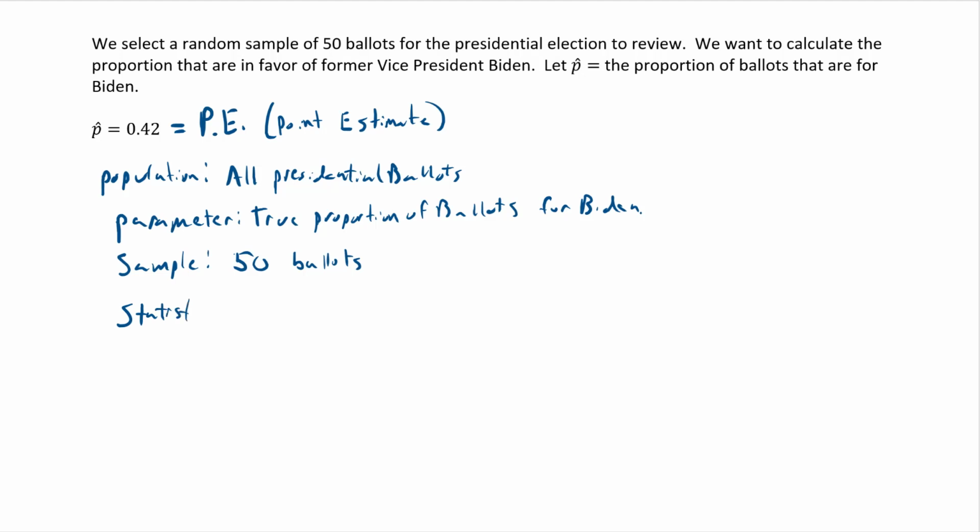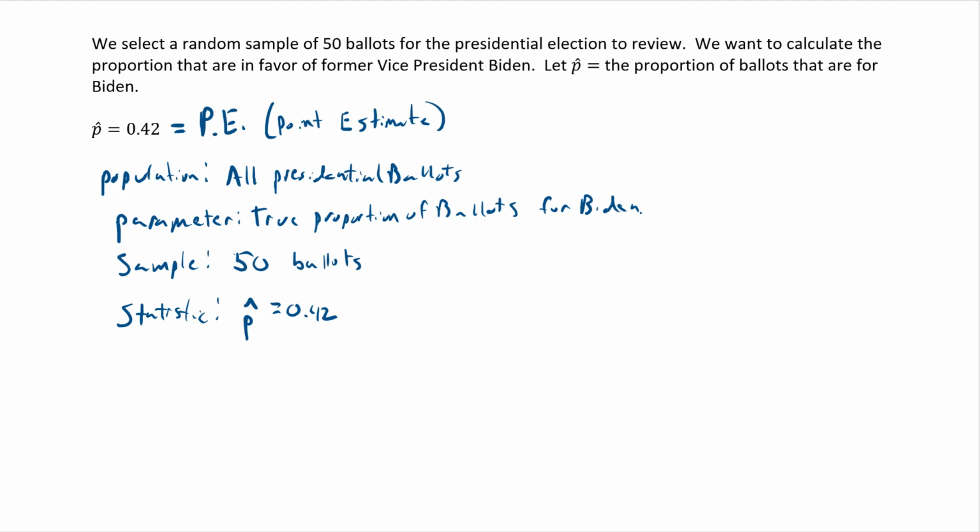So our statistic is our p-hat, our point estimate, which is 0.42. That takes care of the data information, so we know what we're talking about: population, parameter, sample, and statistic.